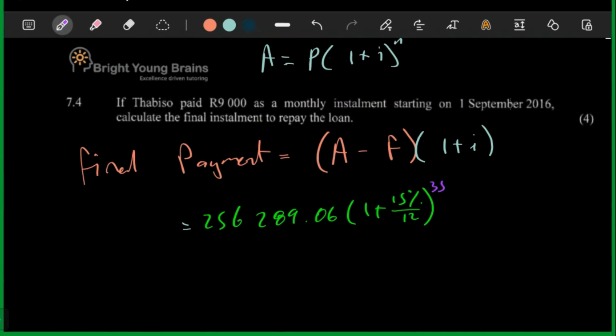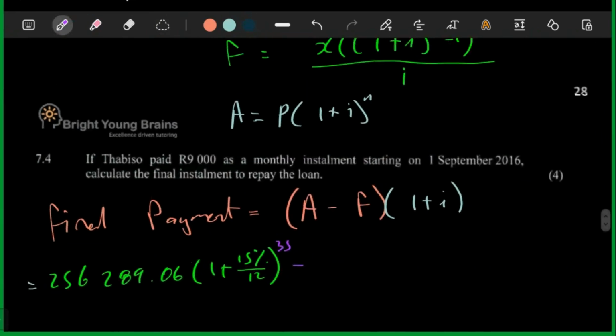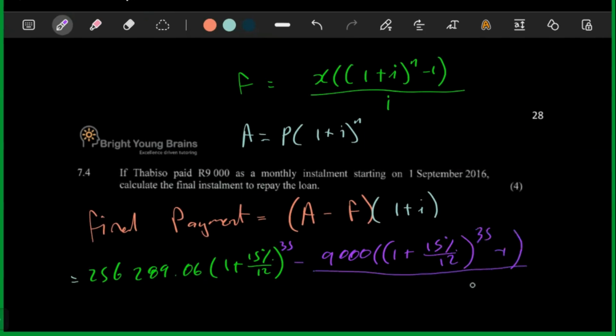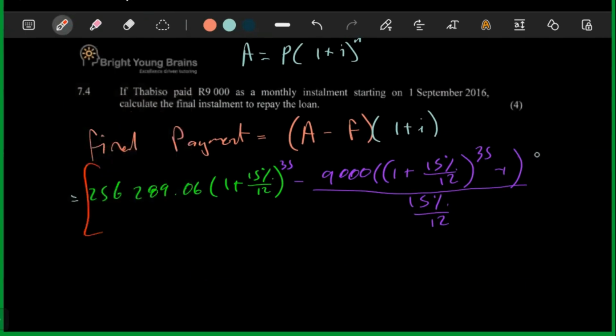Remember, you are taking A and subtracting F, where F is 9,000 times (1 plus the interest to the power of 35 minus 1), the whole thing over the interest. The whole thing, you have to multiply by 1 plus the interest just once. Put all this in the calculator.